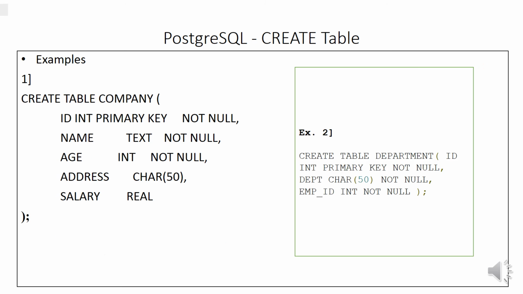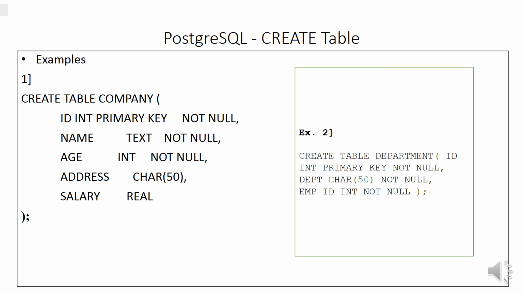So friends, this is our next slide, create table company. Here we have to create the schema for company, and that company has five fields. The first one is the ID field, its data type is integer. The constraint on the ID field of the company table is that it is the primary key, and it is not null. You very well know that in a database management system the primary key of a table is not null.